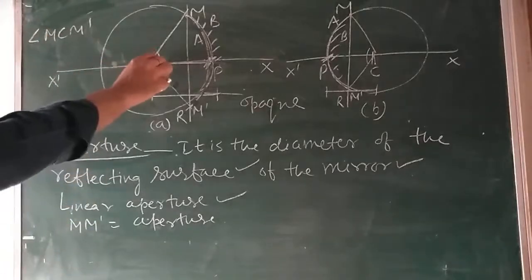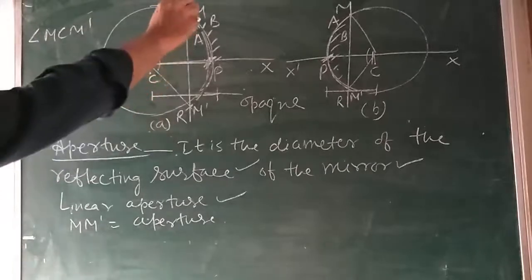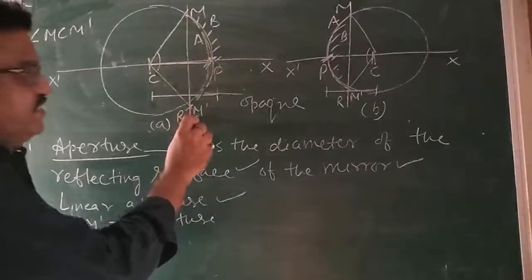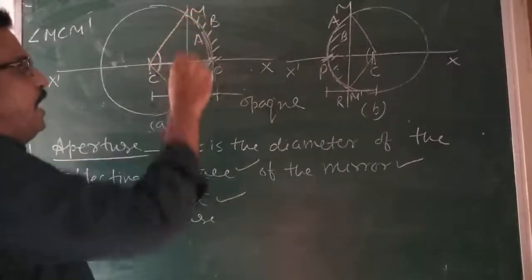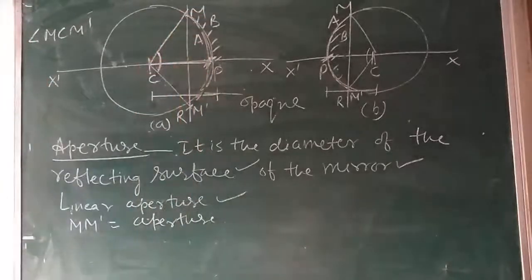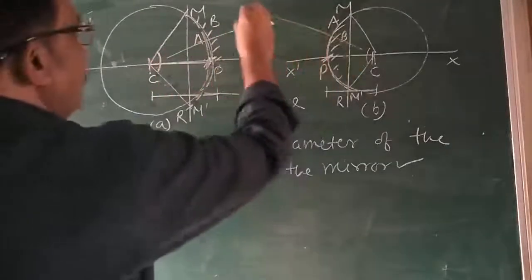It is called angle subtended at C by the diameter MM dash. So we can see this. It is called angular aperture of the mirror.